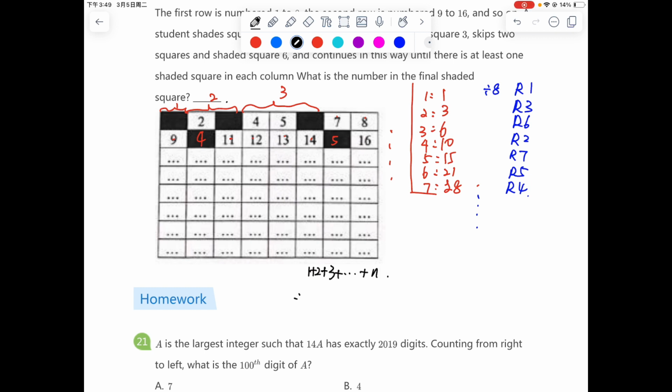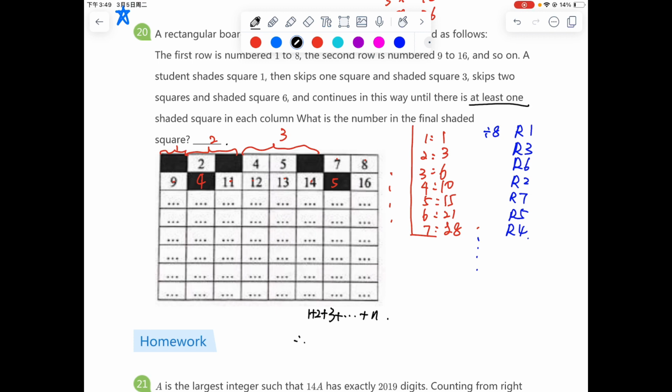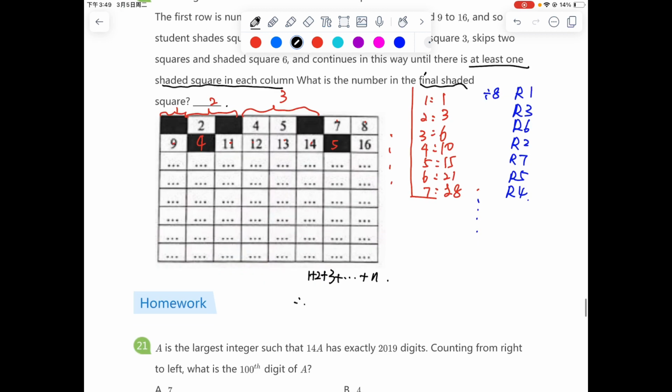The question is how we can find at least one shaded square in each column, and what is the number in the final shaded square. Then we need to find out how we can meet this condition. So 1 plus 2 plus 3 up to n is n plus 1 times n divided by 2.